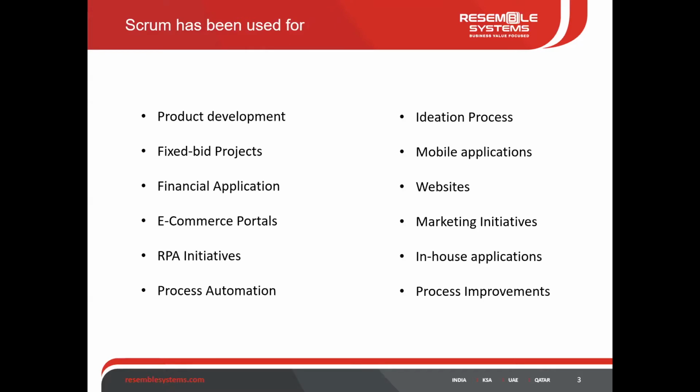Okay, so if I'm having an in-house team, so I can use the Scrum method there. And if you have any RPA initiatives, I can try to deliver the application in a Scrum approach. So even the RPA vendors or the product companies, they recommend to go with Scrum methodology to deliver the projects, which is more beneficial.